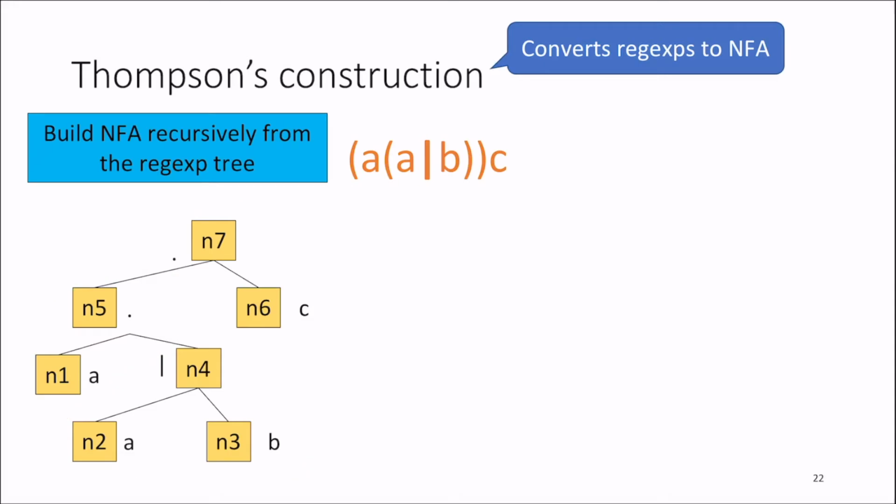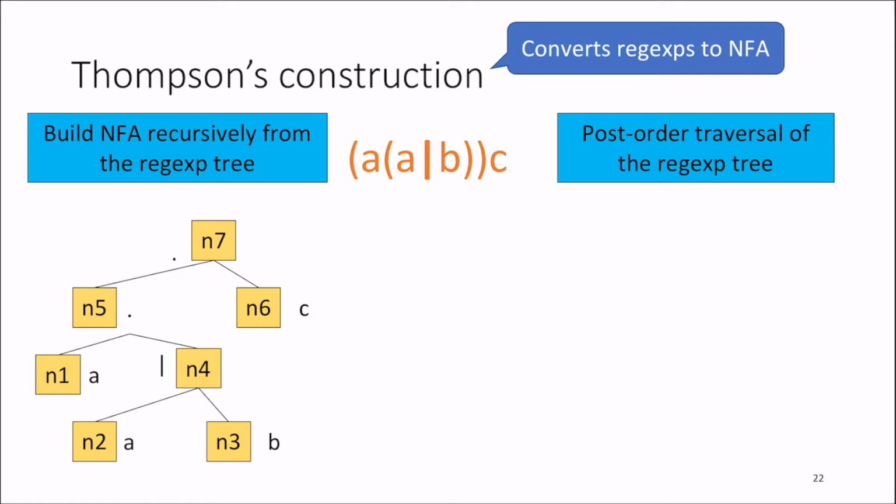You can also represent this tree structure more concisely by just using a post-order traversal of this regular expression tree, right? So you can give the algorithm the tree structure in postfix format. So I can write it down like this.